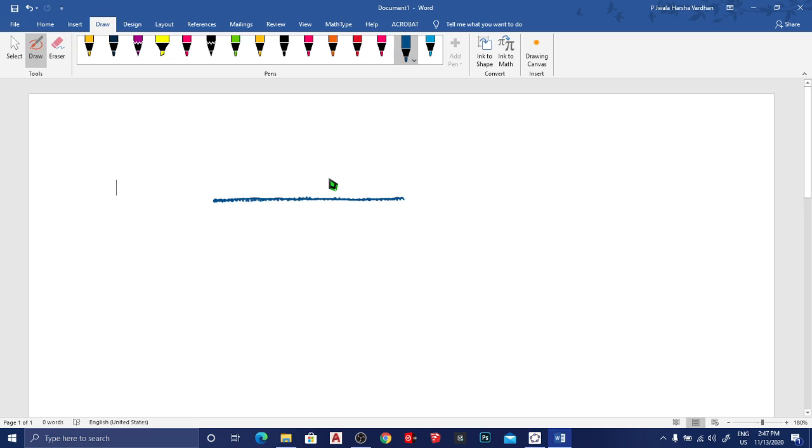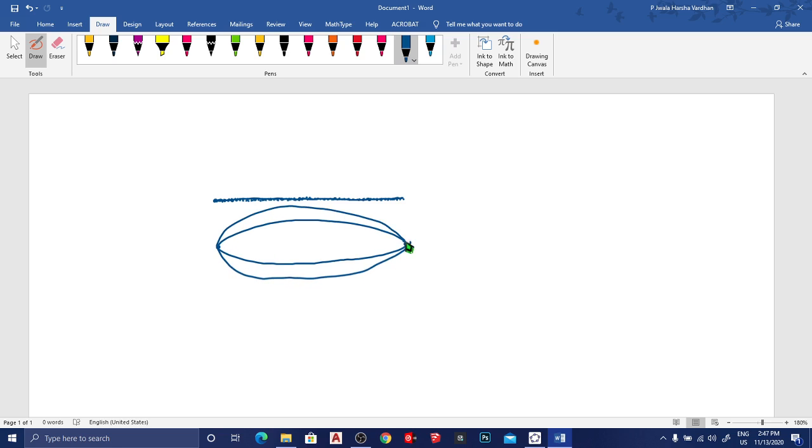If you take any 2 points, you can draw lines in many ways: a second type, a third one, a fourth way of drawing a curve, and a fifth one.